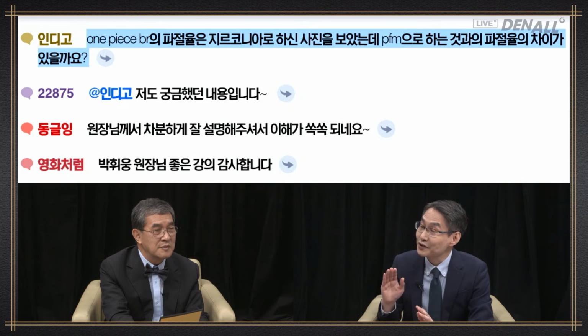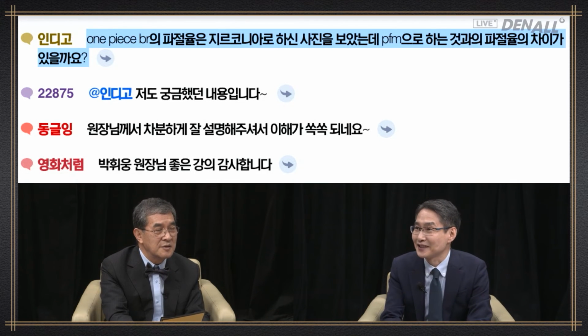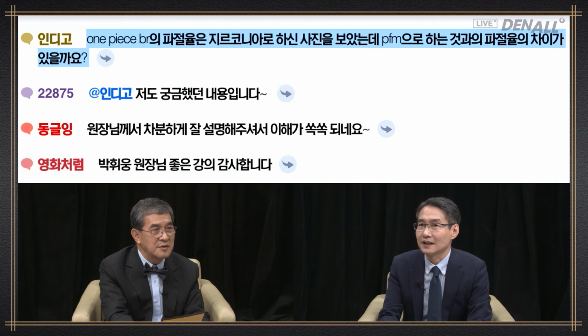In the case of zirconia, chipping occurs very rarely. If it breaks, it fractures to the point where it's almost unusable in most cases. However, as mentioned, if you can adjust the thickness or contour, I believe zirconia has more advantages than PFM.